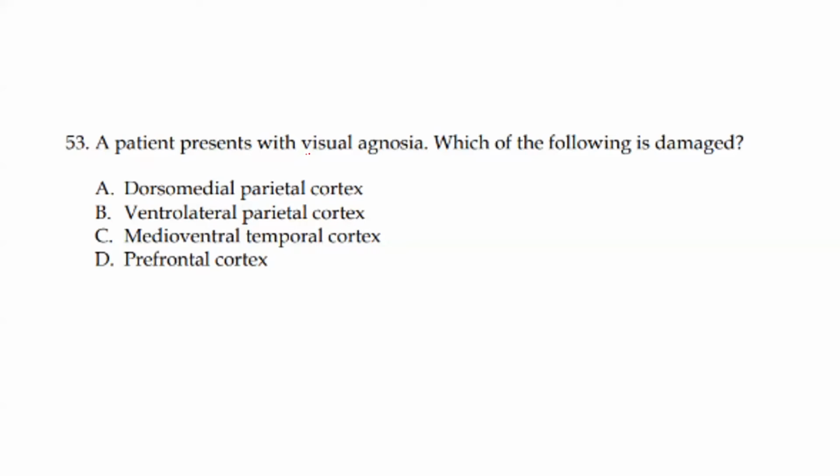Okay, a patient presents with visual agnosia. Which of the following is damaged? All right, so very quickly, agnosia is an inability to understand things, right? And so, since we have visual agnosia, what do you guys think the damage is going to be?